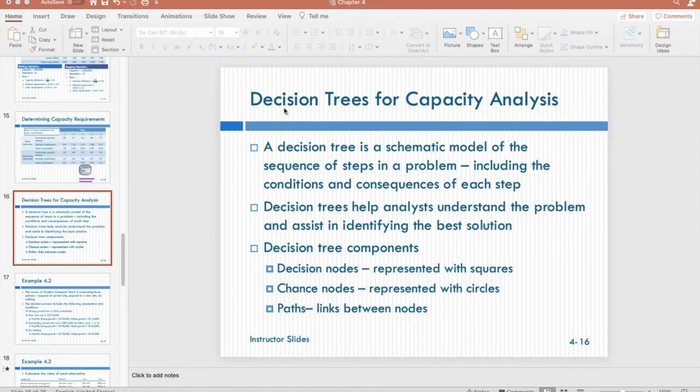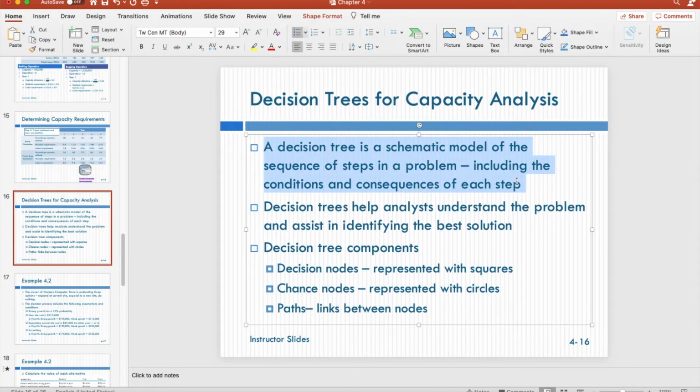Let me give you a quick sense of the decision tree. As I show here, the definition is quite simple and very straightforward. Basically, a decision tree is a schematic model of the sequence of steps in a problem. In that type of problem, we have different steps in a certain sequence, including some conditions and also some consequences of each step.